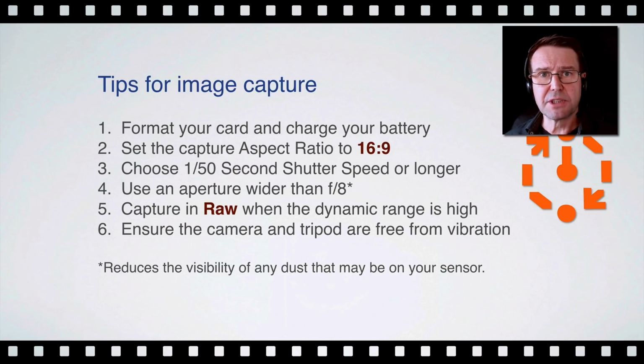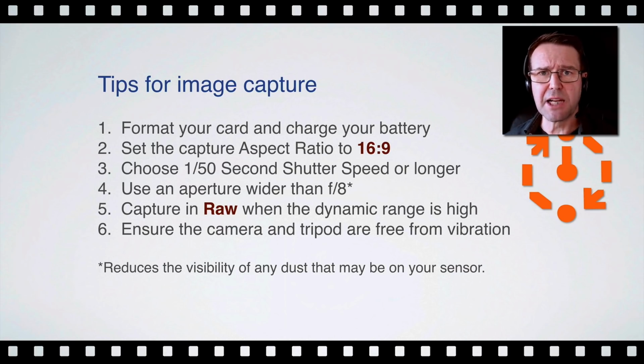Now you can shoot in the 3:2 aspect ratio, but when we're creating a movie for screens, then typically you are going to want to fill that screen using the 16:9 aspect ratio. So setting it in camera first just allows you to compose the image a little bit more carefully, so you're not including stuff that you will then probably have to crop out in post.